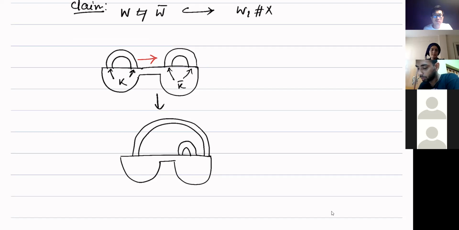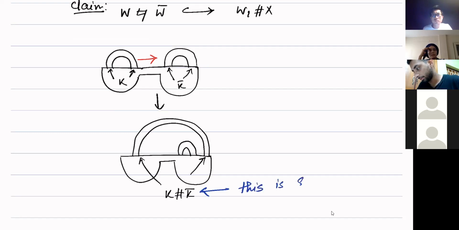So if I do so, notice that my new attaching sphere here has become now K connected sum K bar, right? Because I'm sliding over K bar, so the new attaching circle becomes K connected sum K bar. And the best thing about this particular attaching sphere is that this is slice.